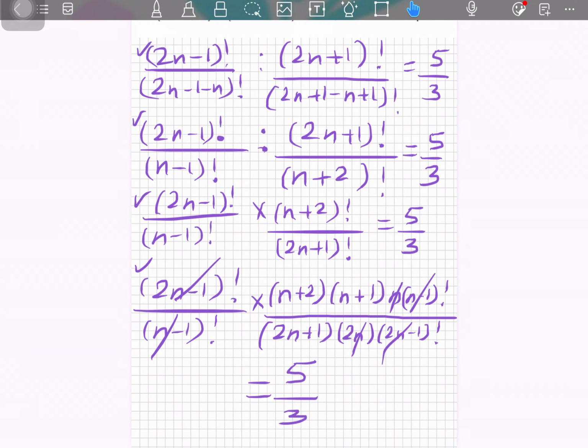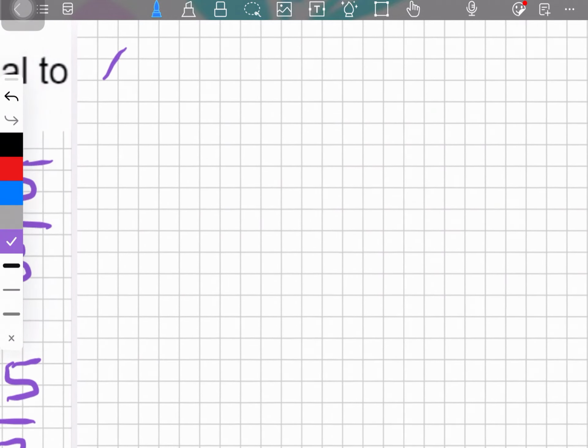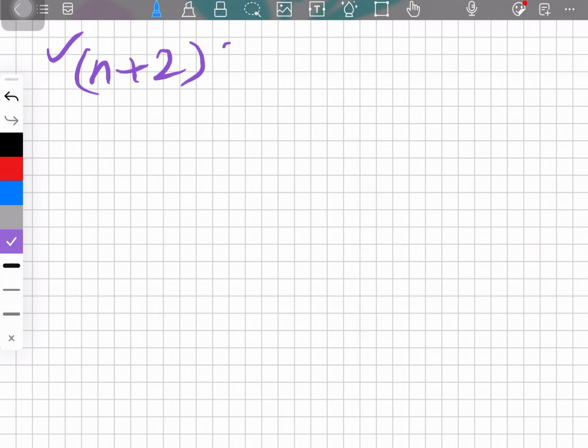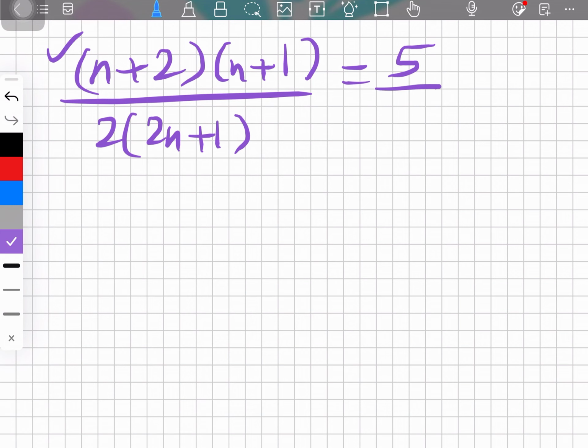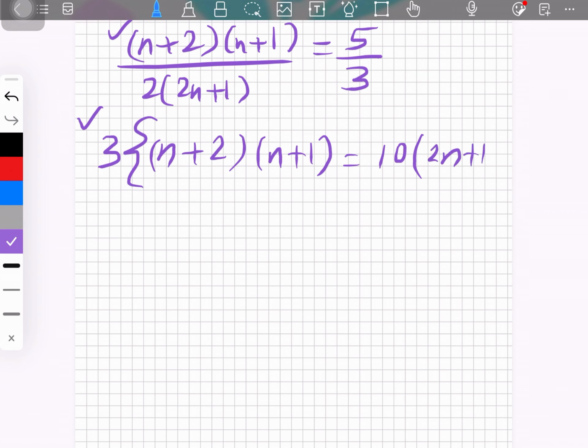Okay, so let's move to the next page. So we get, wait a minute, let's zoom in, right? n plus 2 times n plus 1 over 2 times 2n plus 1 is equal to 5 over 3. So let's multiply this side by 3, cross multiplication, and 5 times 2 is 10.